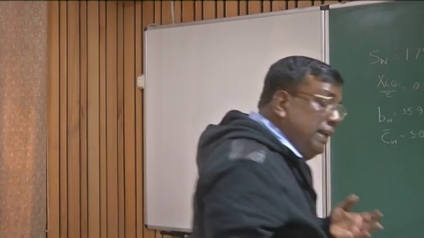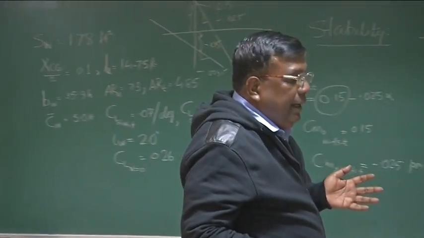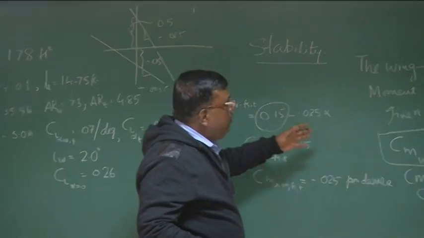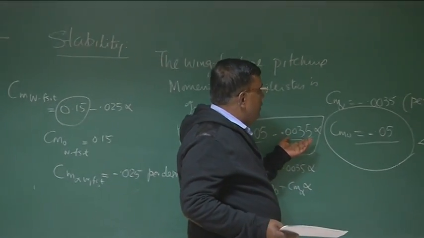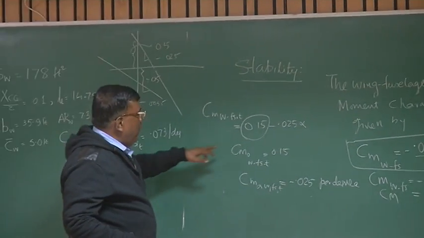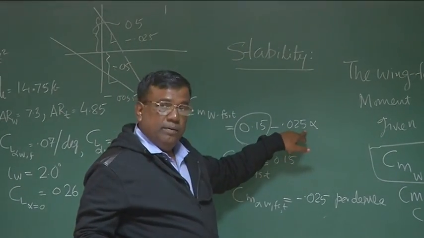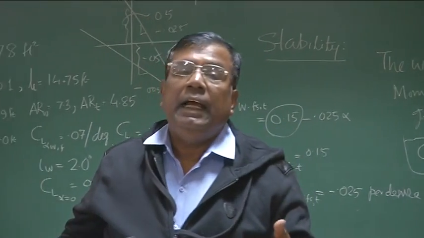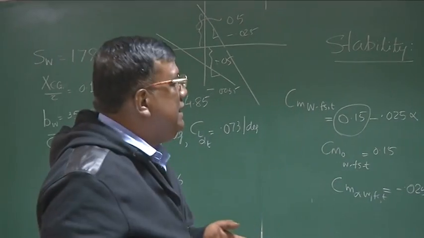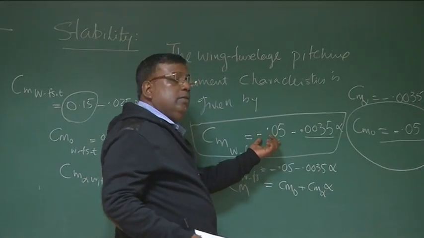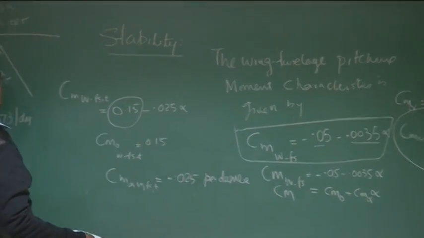So we'll be finding out what tail area is required to change this Cm alpha from minus 0.0035 to Cm alpha equal to minus 0.025. Similarly, by giving some tail setting angle, how can I change Cm naught of the whole aircraft from minus 0.05 to plus 0.15?